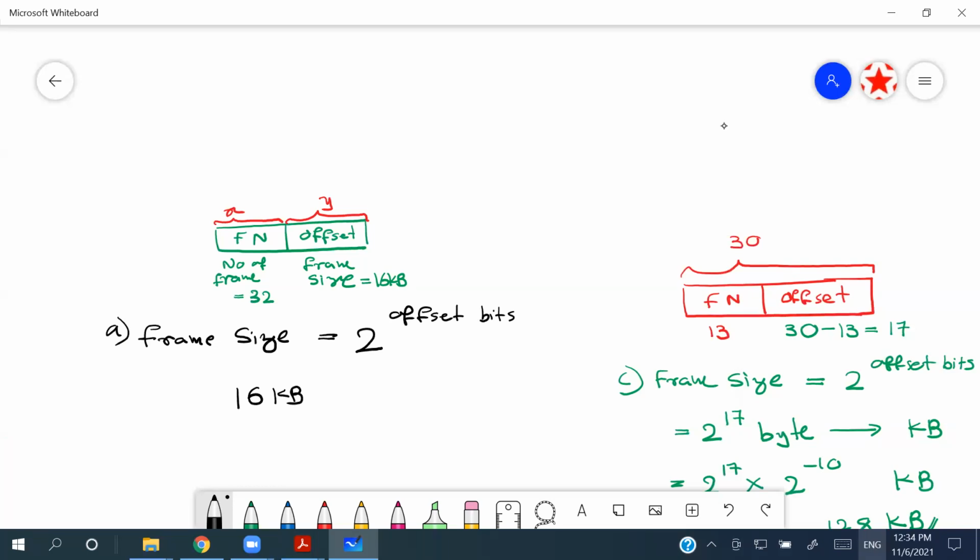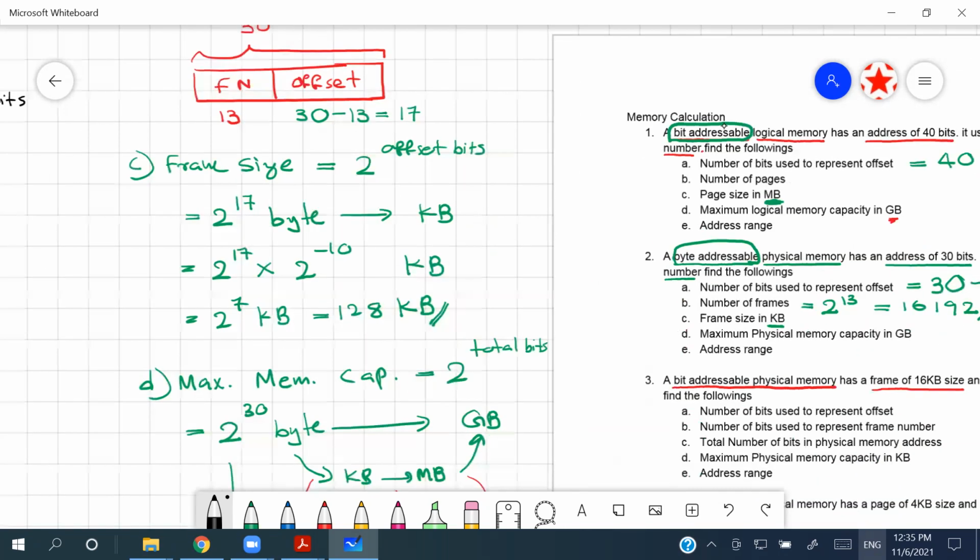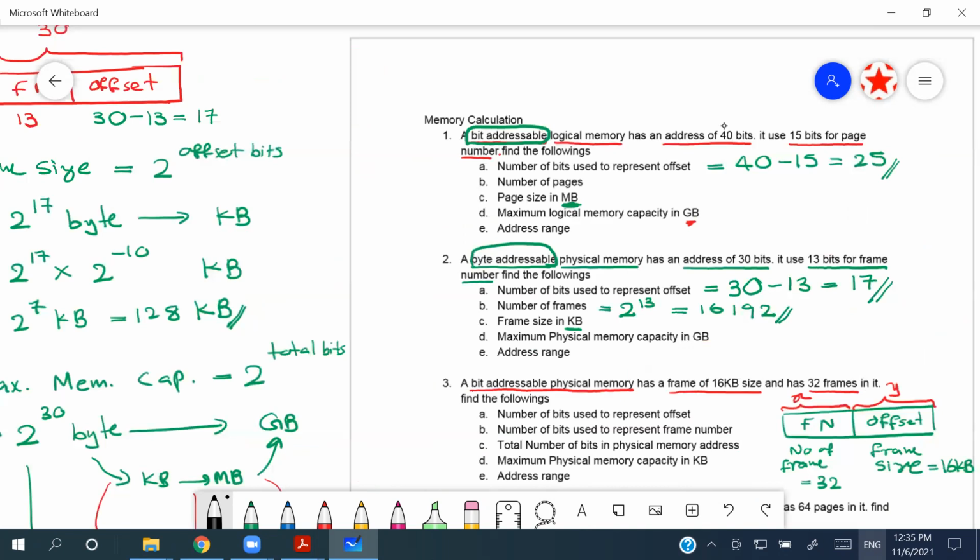Now, be very careful when you are given a value which is not represented in bits or bytes or the relevant addressable mode. We have to convert it into the relevant addressable unit first, right? So what is the addressable mode in here? It is bit addressable, right?